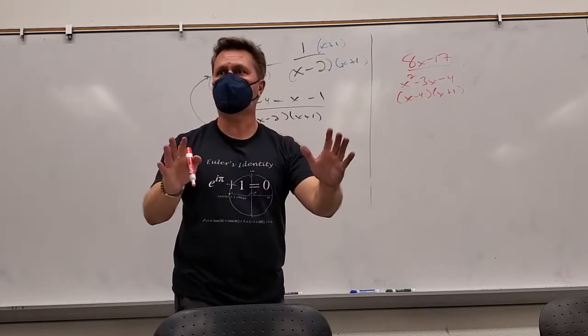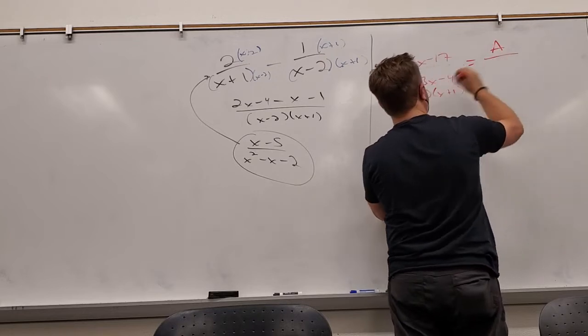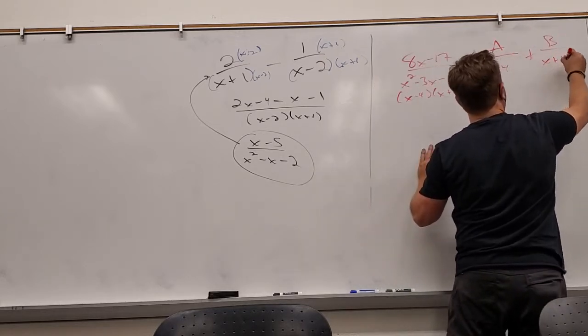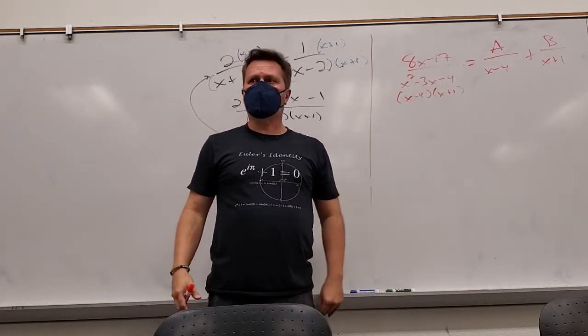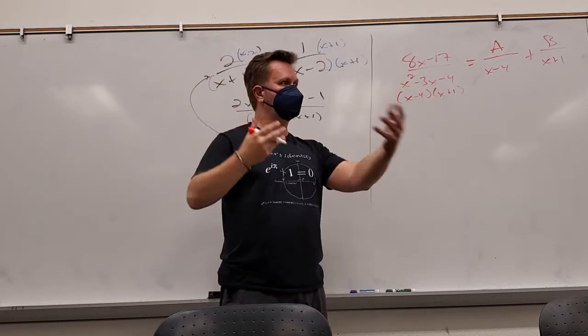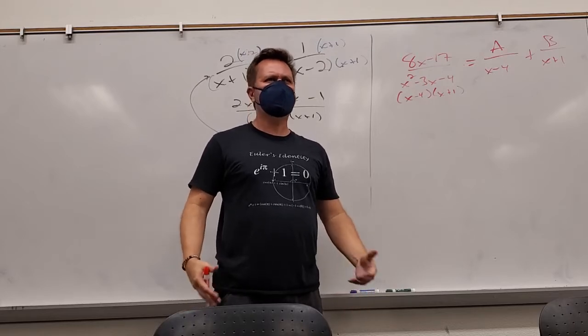We know exactly what the answer is going to look like. It's going to look like something over x minus 4 plus something else over x plus 1. Now I said something else, they could end up being equal, but I have to assume they're not going to be equal. I have to give room for them to not be equal, so I have to give them different letters. Somebody with me so far? Does that make sense?